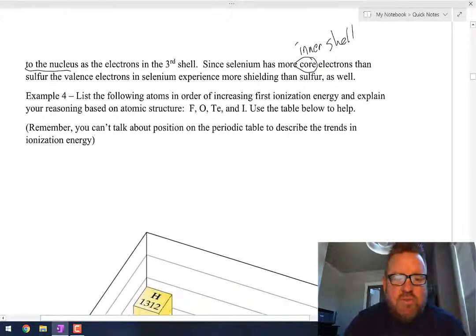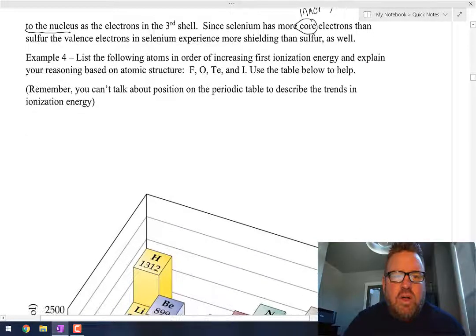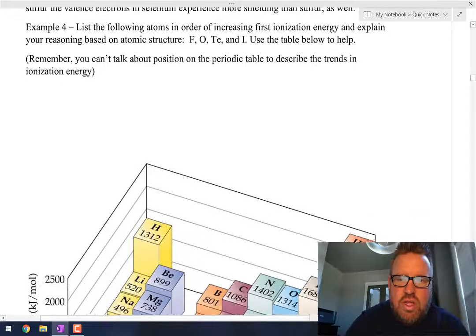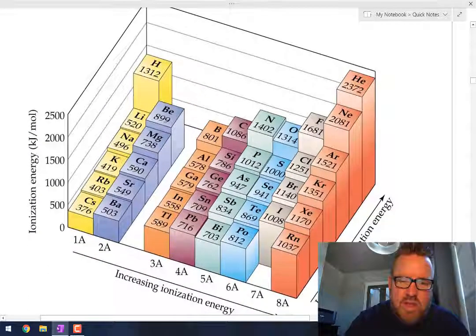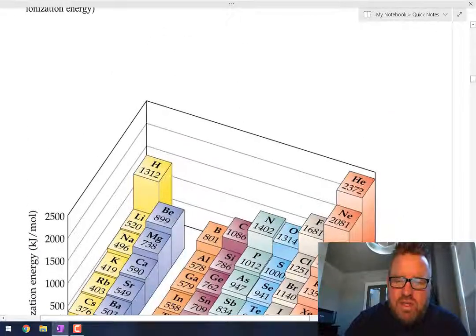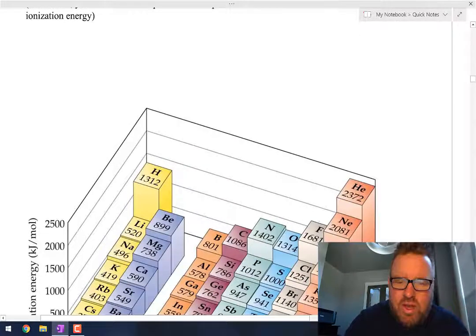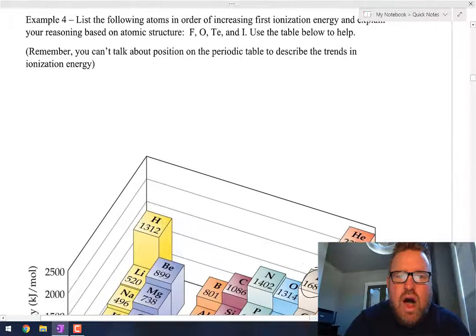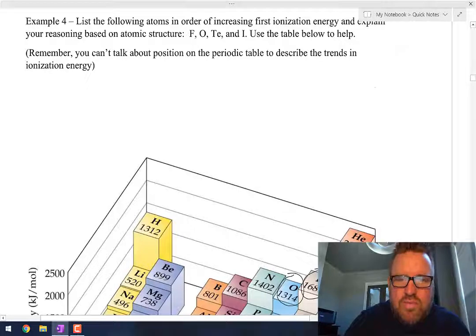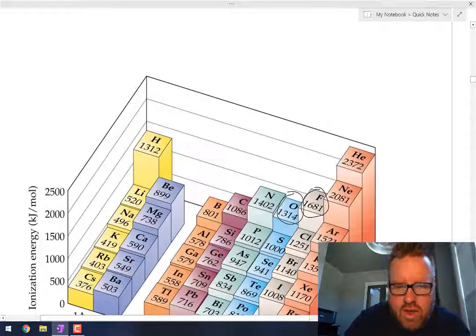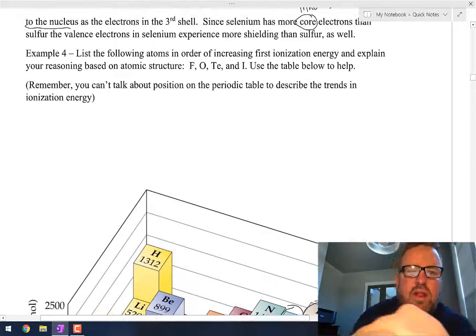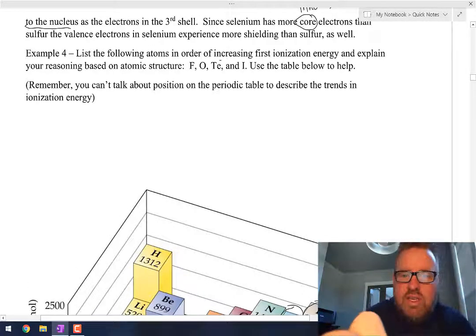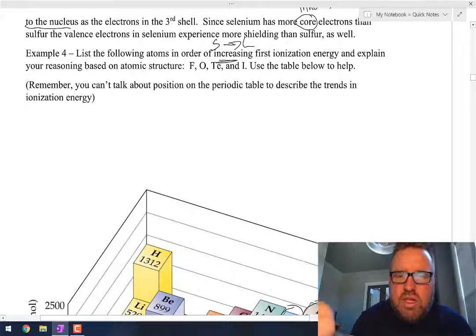Okay, so example 4. List the following atoms in order of increasing ionization energy and explain your reasoning based on atomic structure. Okay, and absolutely, here's a table right here. We know the answers, we can see them. So we've got fluorine here, oxygen here, tellurium way down here, and iodine. So they say, list the atoms in order of increasing, so that means start with the smallest and go to the biggest, small to large.